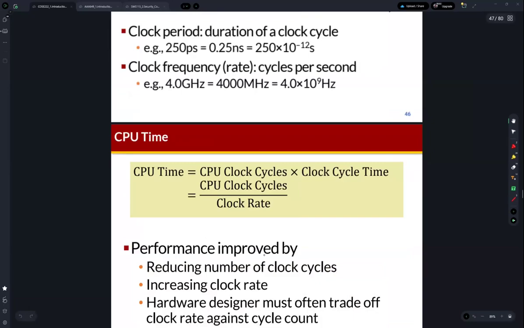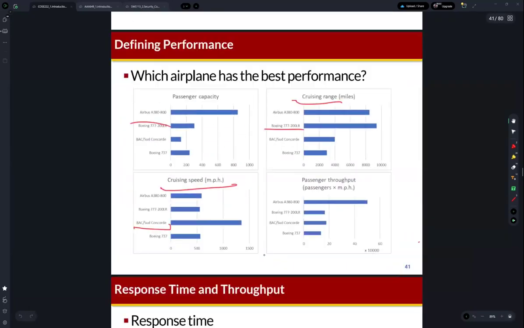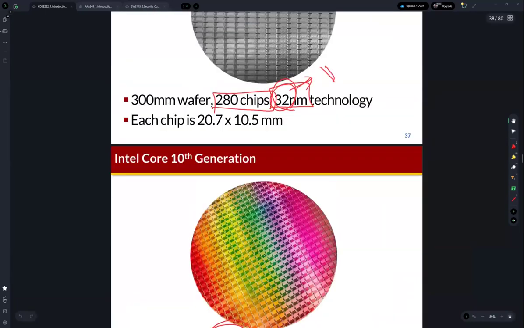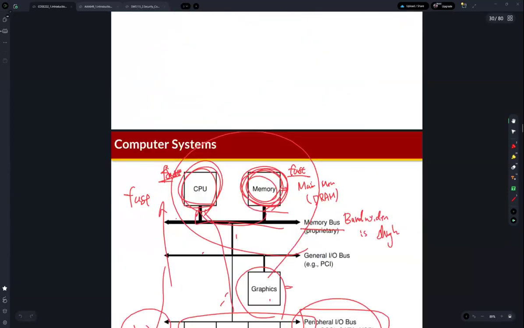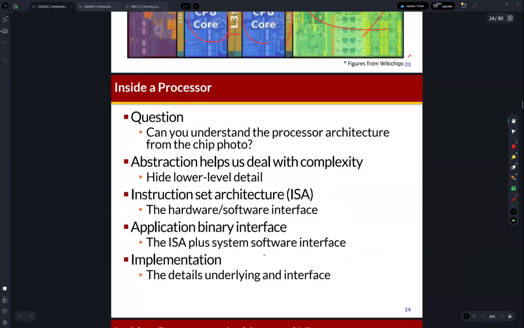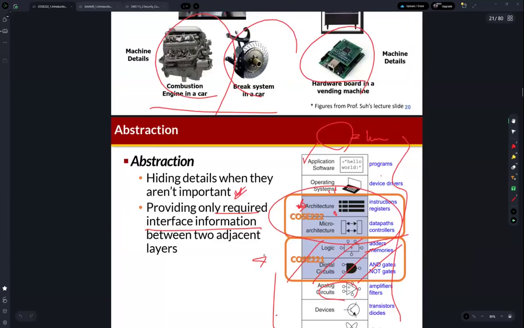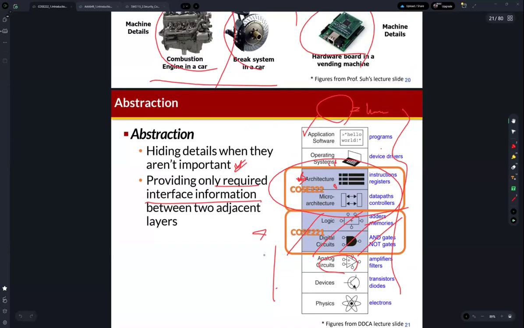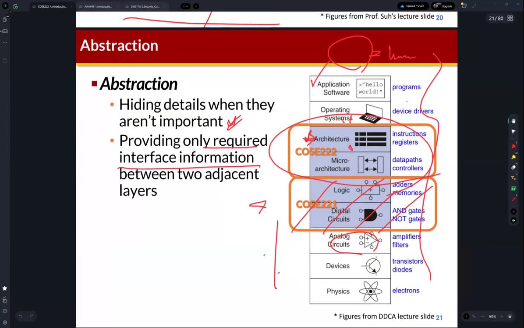So what did we learn in the previous class? Do you remember? We learned about the abstraction of computer systems, right? What is the meaning of abstraction? I mentioned that you need to understand the concept of abstraction: hiding details when they aren't important, so we can just understand some interfaces.